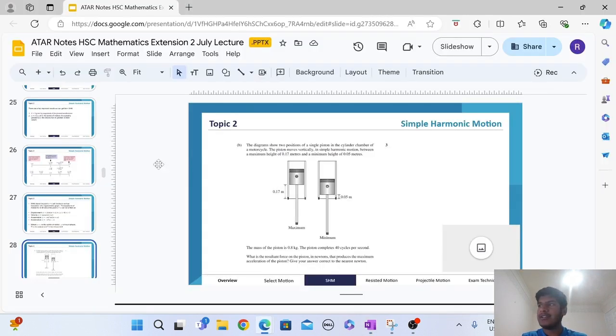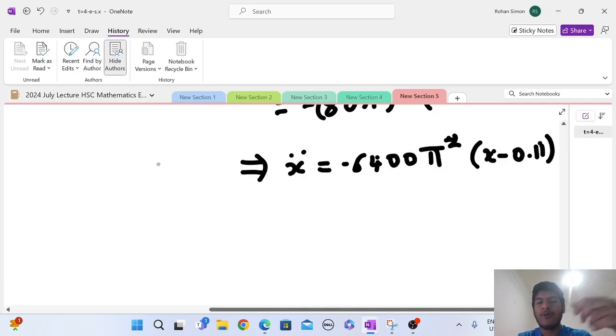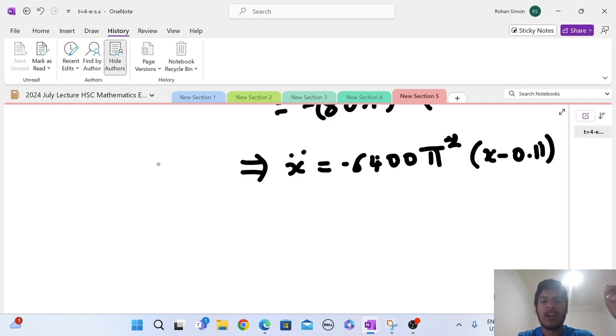Now, the question's asking for the force when the maximum acceleration occurs. Clearly, maximum acceleration is going to correspond to the maximum force because F equals ma. And so, when does the maximum acceleration occur? Remember, maximum acceleration occurs at one of the extrema. Doesn't matter whether it's the minimum or the maximum. Either way, the maximum acceleration occurs when it's furthest from the center.